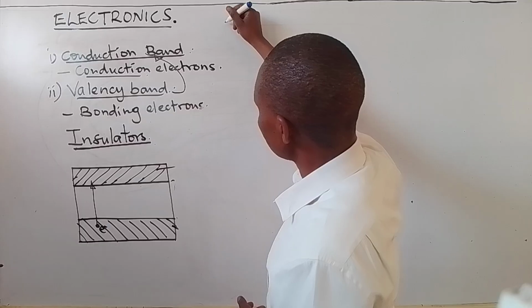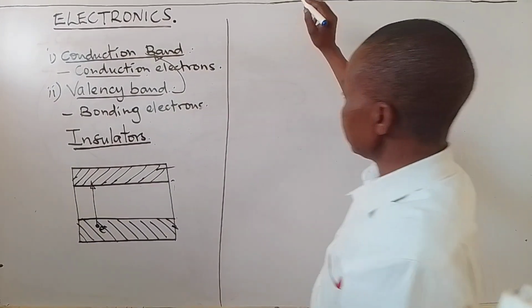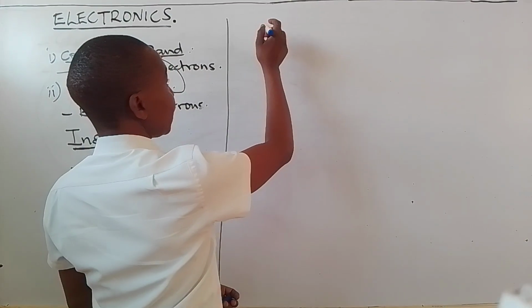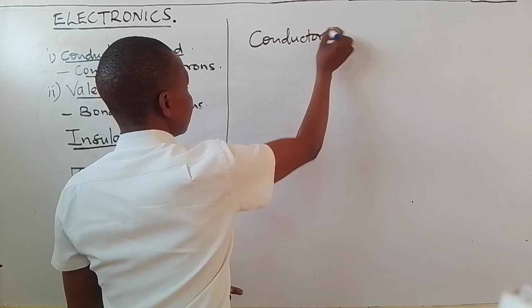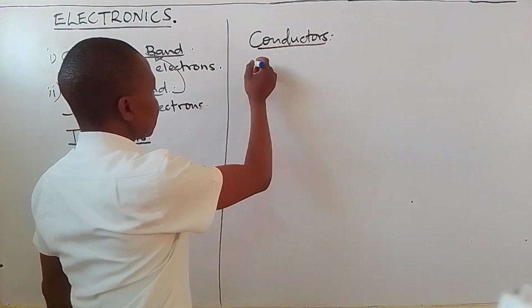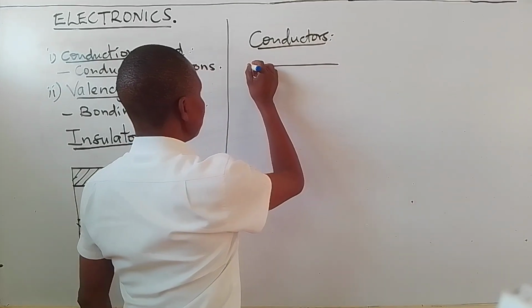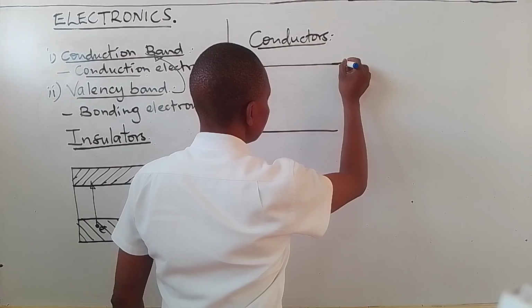Then next, let's look at the two bands in a conductor material. In conductors, what happens? If a material is a conductor, then we shall have the arrangement as follows.